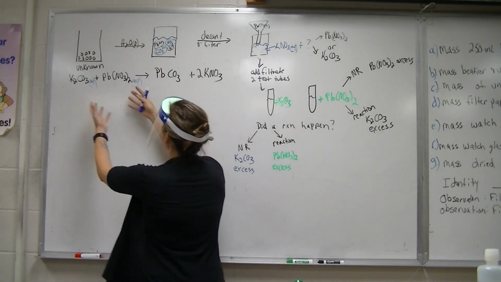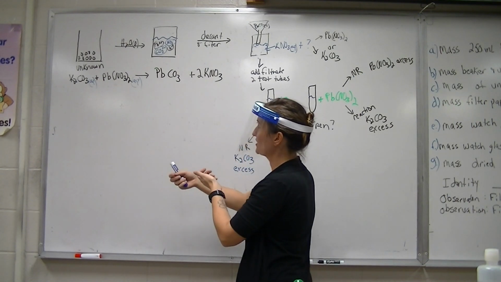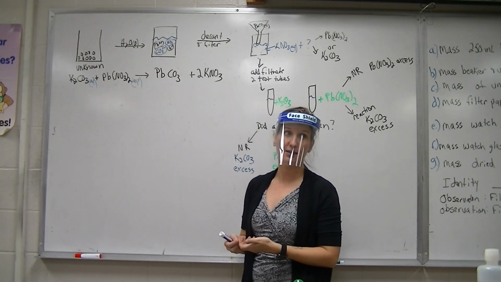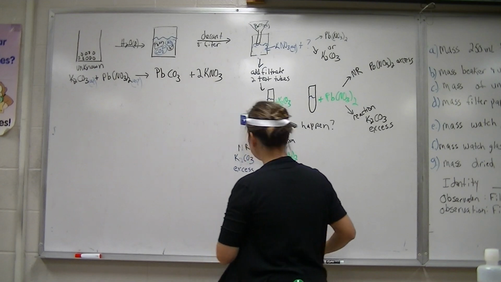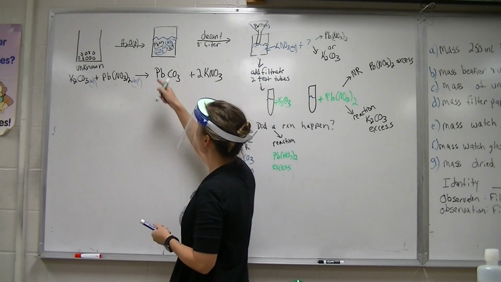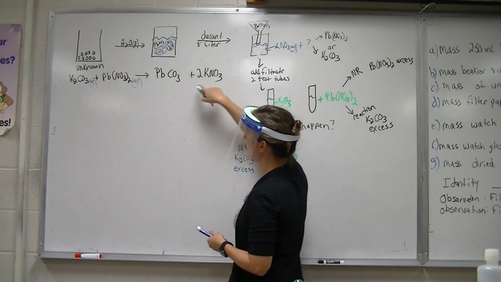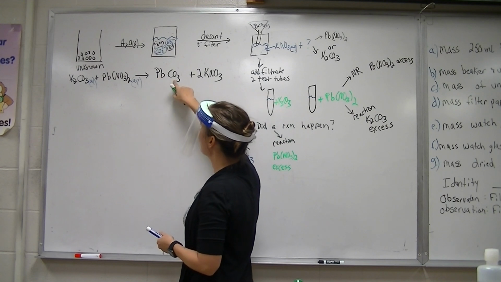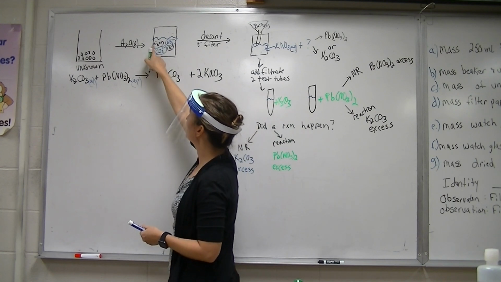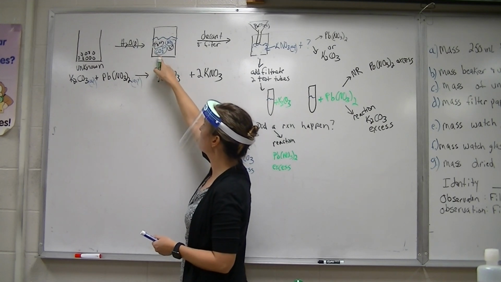When we're in the ion form, the driving force for this reaction is formation of a solid. So notice this is the product side of the equation, lead and that carbonate ion, so this Pb2+ and the CO3 2-.